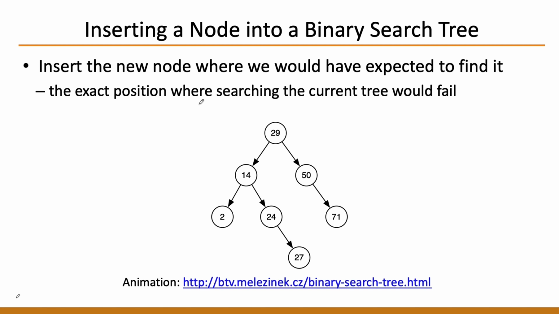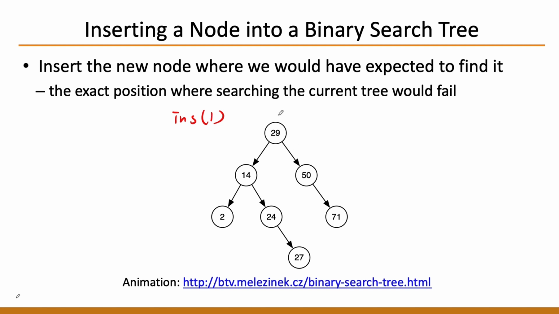Then what we need to do is just perform a regular search within the binary search tree. The moment you reach a none, for example, you should go left, but the left is actually empty, that is the indication that this is the place where you should put down the new value. So let's try one example. Let's say we would like to insert the new information of 1.